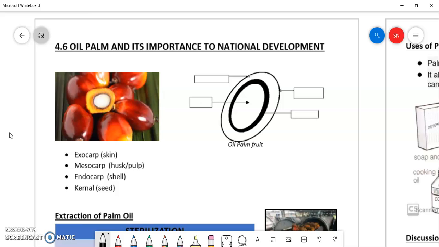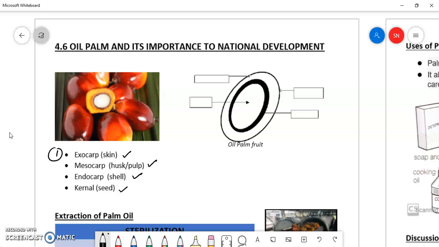So, in terms of the structure, we have a few parts: exocarp, mesocarp, endocarp, and kernel. All right. So, the exocarp, the first one, is the most outer layer, or it's the skin.